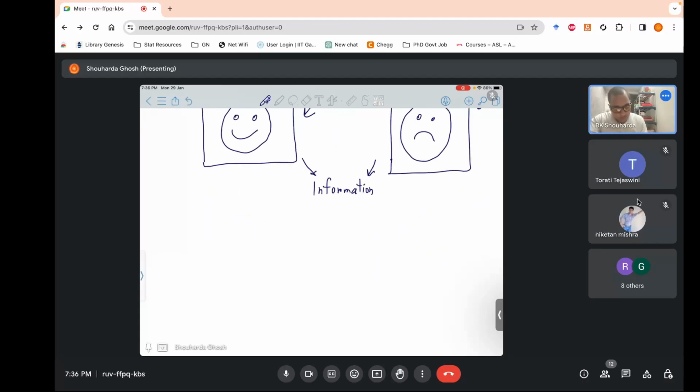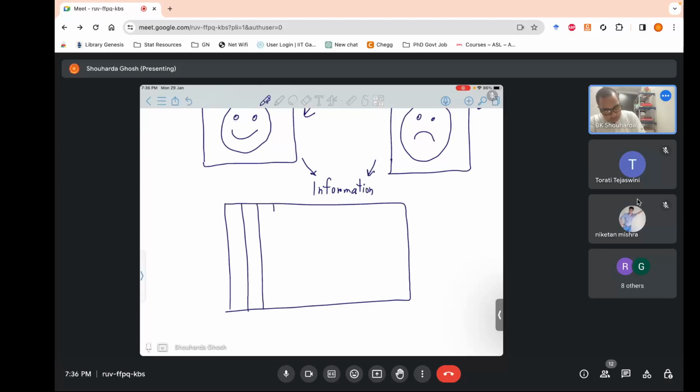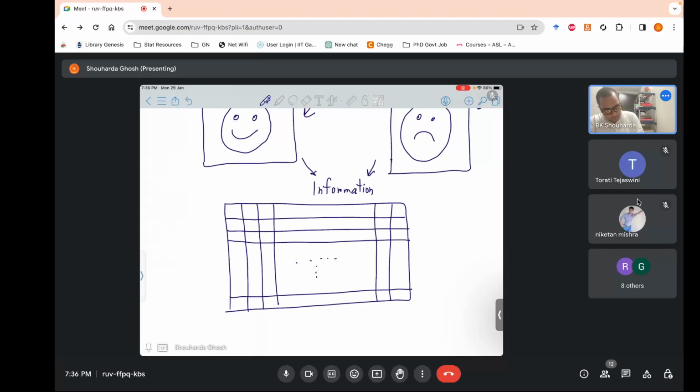When you look at the image, or even if you're looking at a computer screen, the images are not continuous, they are actually discrete. So how does an image look like? So you have something, okay, so what happens is that your screen consists of small blocks.